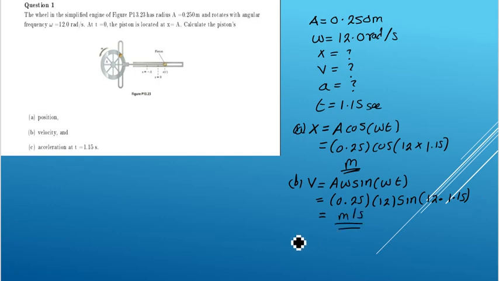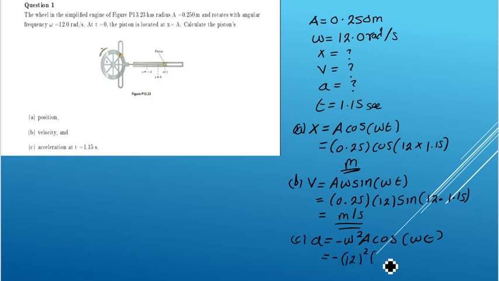For C, acceleration under simple harmonic motion is given by the formula negative omega squared A cosine omega t. So of course, omega is simply 12 to the power 2.